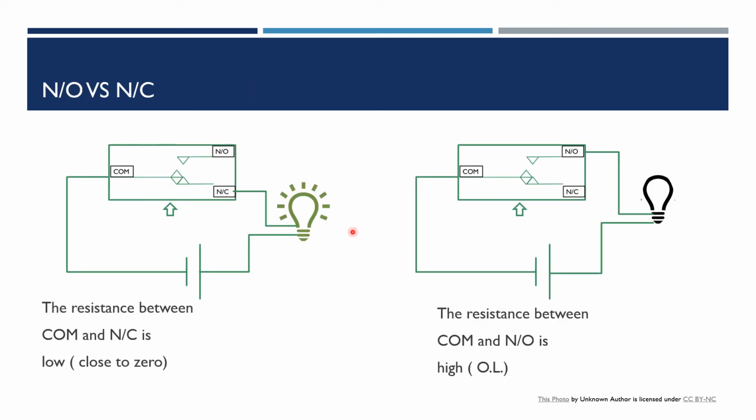So this is a simple circuit of the connection of the switch. If you want to connect your circuit with the lamp, and you start your connection with normally closed, then once you connect, the lamp is going to be on, and once you reach the upper limit, the circuit is going to be open, then the lamp is going to be off.